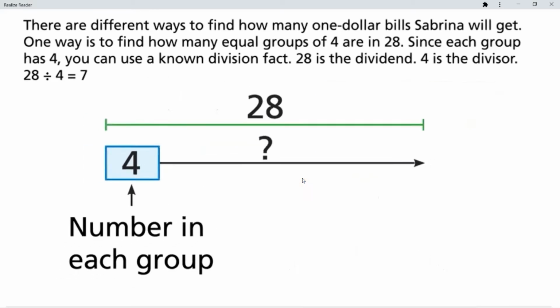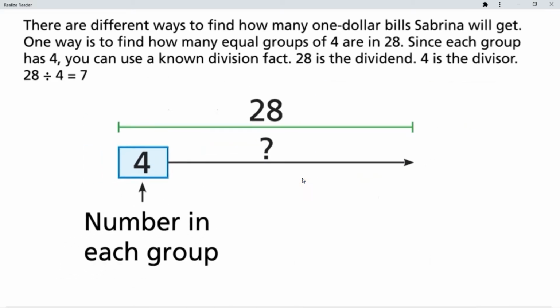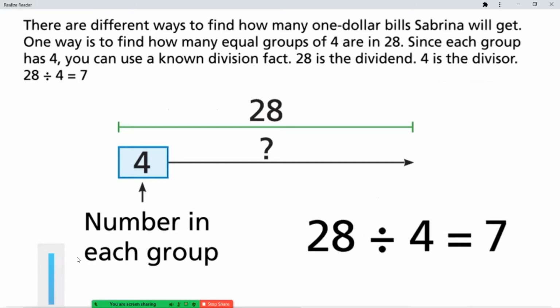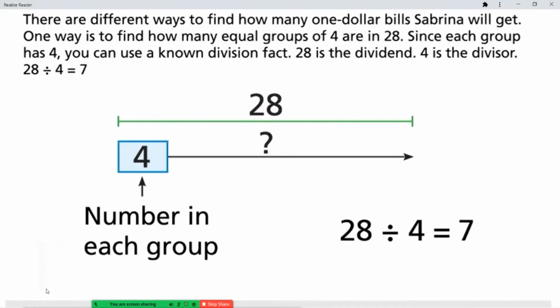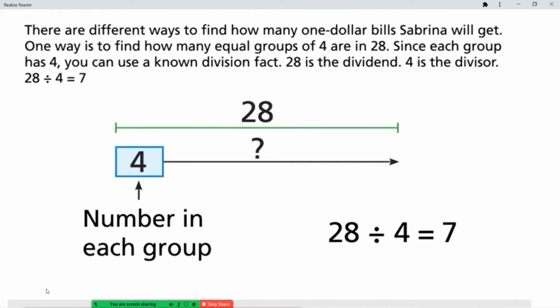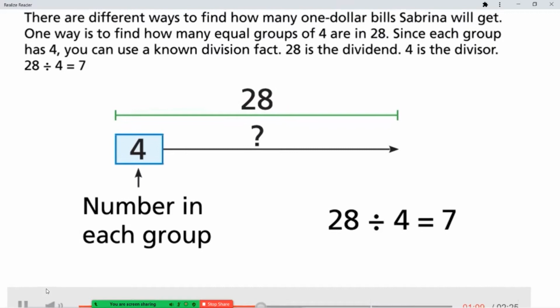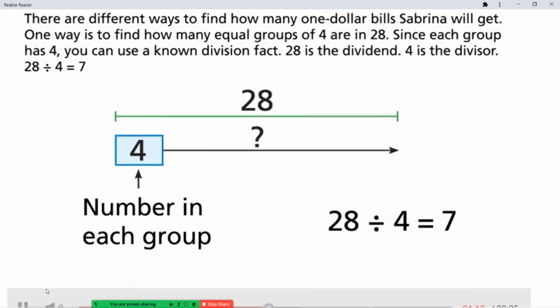There are different ways to find how many $1 bills Sabrina will get. One way is to find how many equal groups of 4 are in 28. Since each group has 4, you can use a known division fact. 28 is the dividend. 4 is the divisor.